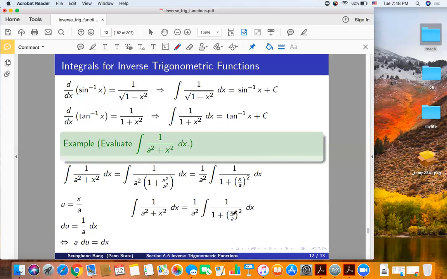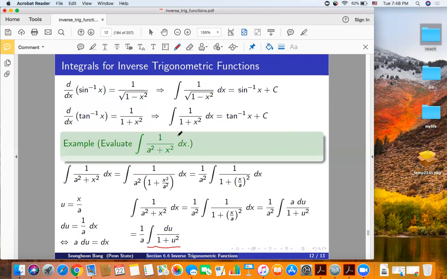Next, we go back to the original problem. You can replace x over a with u. You plug u into here, and dx is a du. Next, cross out the common factor a. Then what is the integral of 1 over 1 plus u squared du?